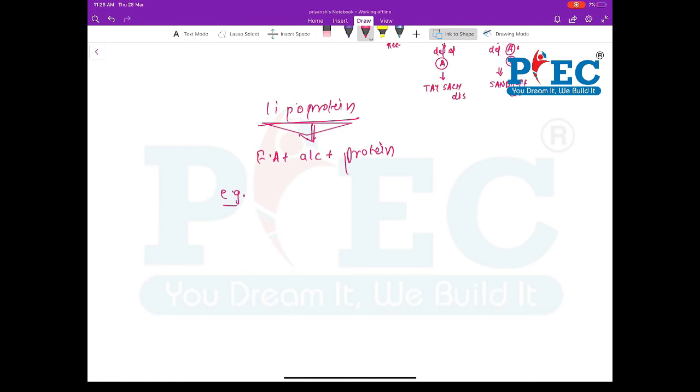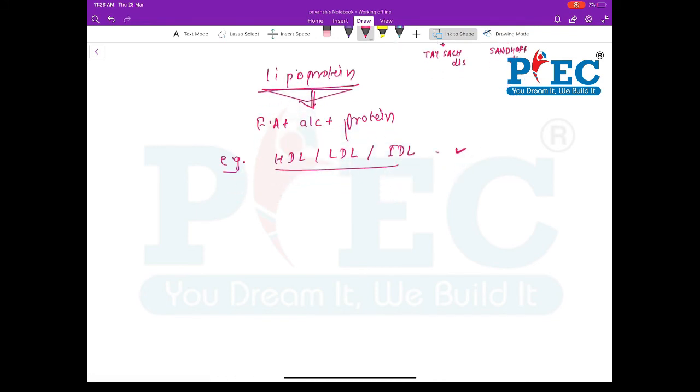Examples of lipoprotein are HDL, LDL, VLDL and other lipoproteins. We will discuss these molecules in detail in the later part of this series. So these are the three main complex lipids that we should know.